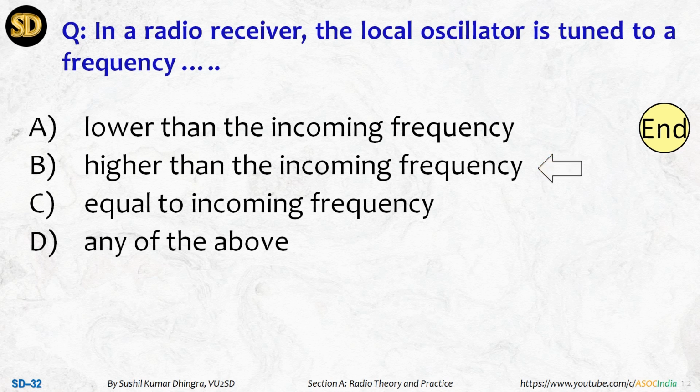One thing always remember, the local oscillator is always higher than the incoming frequency, and the difference of the two is always fixed as an IF frequency of 455 kilohertz. Remember, local oscillator frequency is always higher.